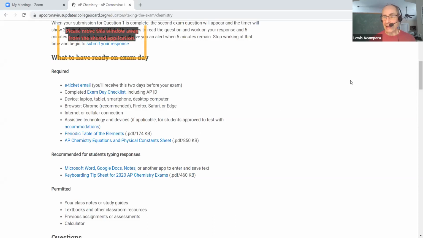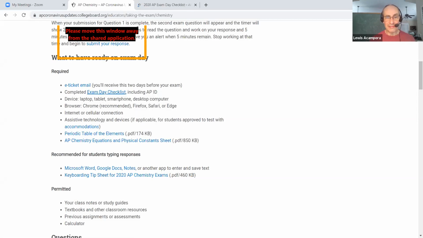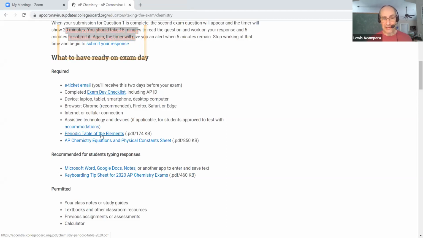So, on the College Board website, there are the exam day checklists, and this will go over things that you should have. Periodic table of the elements that you should have printed out. And that's important. I know most of your textbooks are going to have a periodic table of the elements, and there shouldn't be any math that you would need a calculator for on this exam.